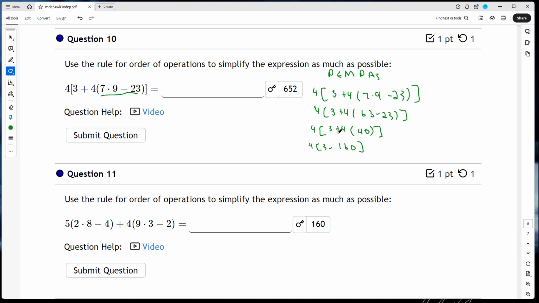That should be a plus. And there. So end up with 160 plus 3, which is 4 times 163. Multiply these together, we end up with 652 for my final answer.